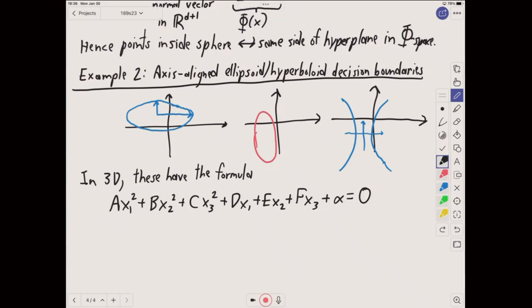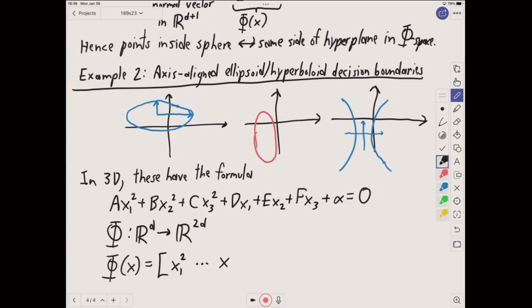And so, if you would like to make your SVM find decision boundaries in these shapes, then what you do is you set a phi which maps every d-dimensional point to a 2d-dimensional point. And the actual value of phi for a sample point x is we take all of the squared terms from x1 squared to xd squared.